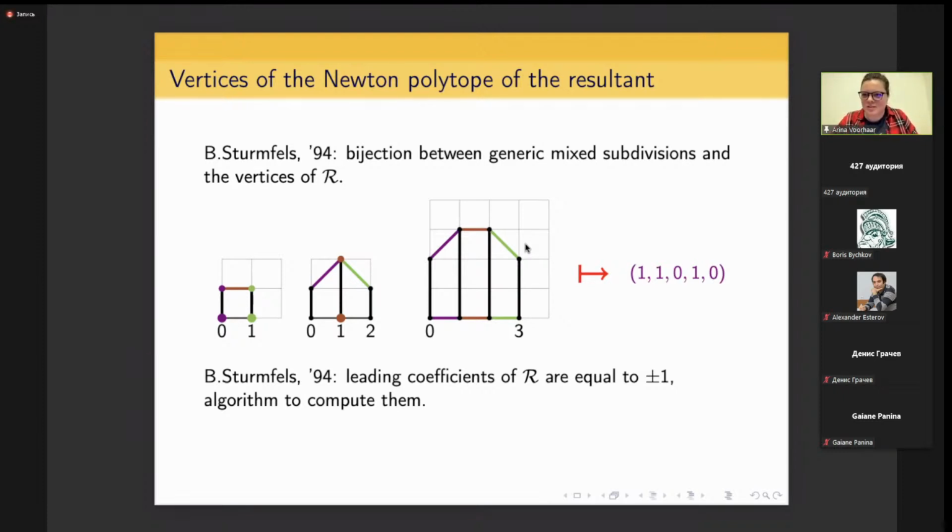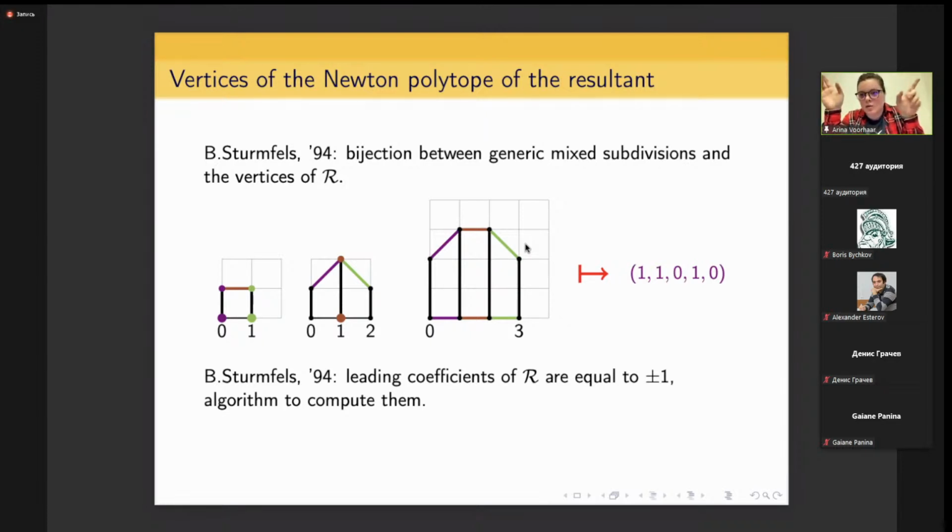It will vanish whenever the corresponding system has a common root, right? So the leading coefficients are not well defined in that sense, but what is well defined is that for any pair of coefficients at the vertices of the Newton polytope, one could compute their quotient.